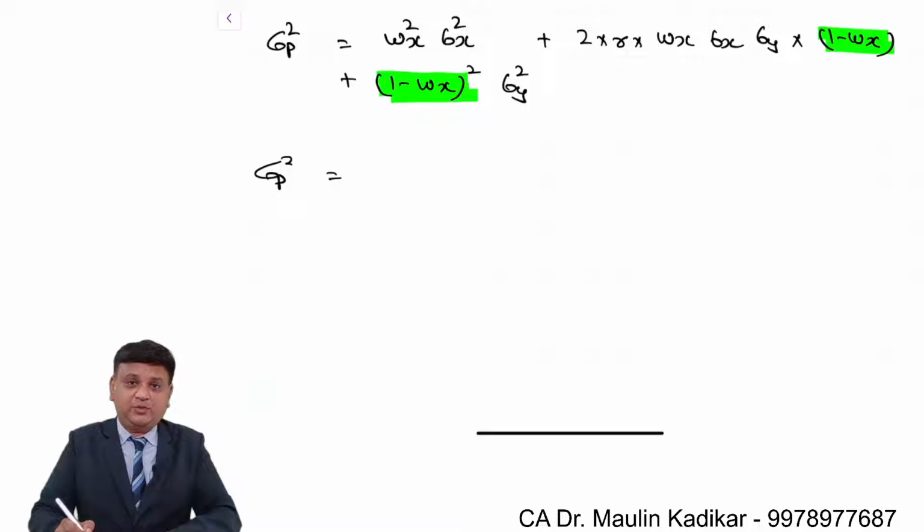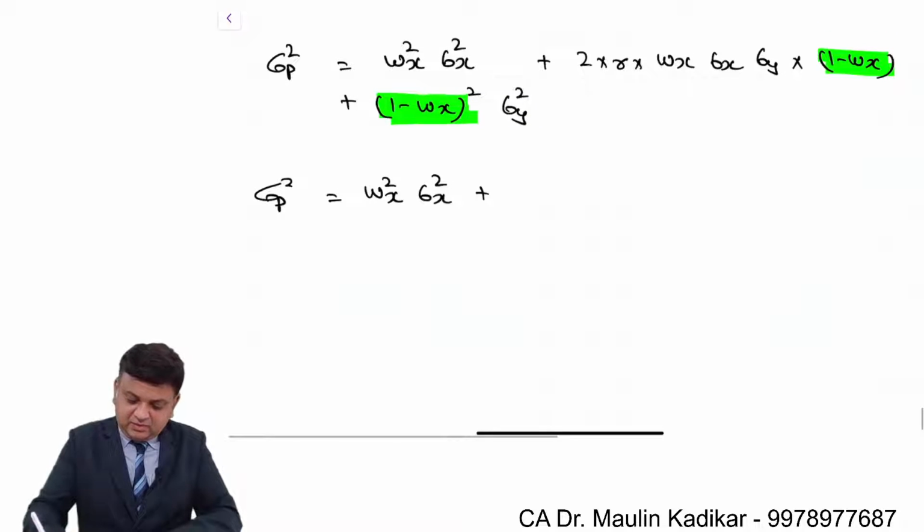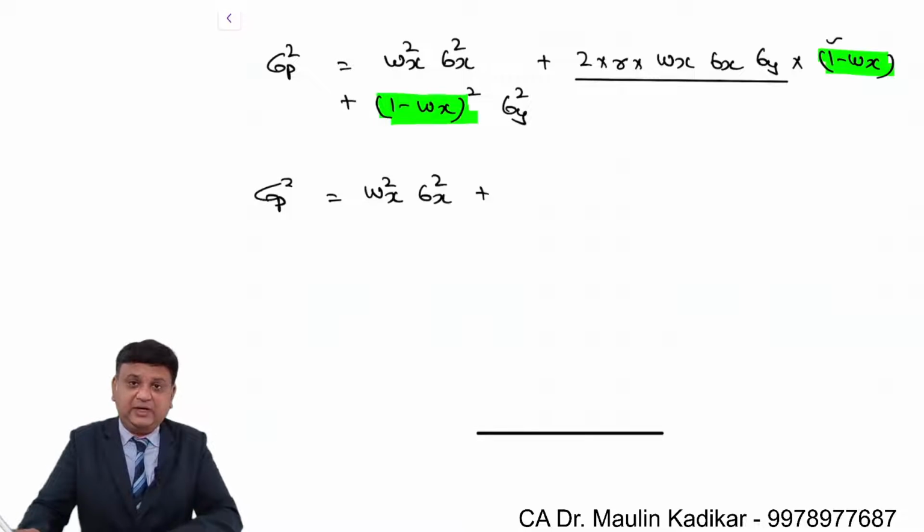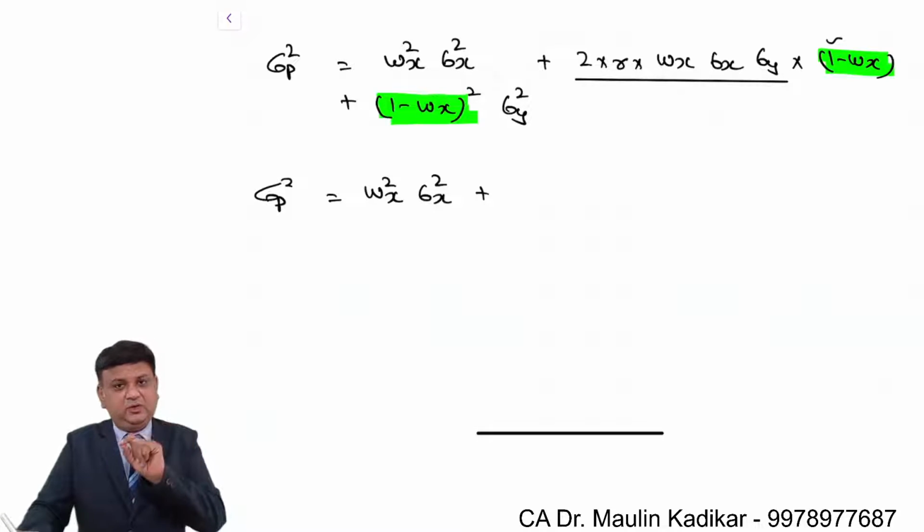again variance of the portfolio is equal to wx square sigma x square plus, now this entire value is multiplied with 1. So any value into 1 will remain the same.